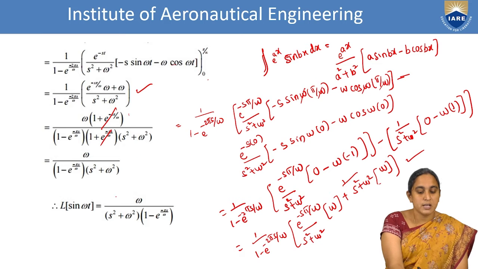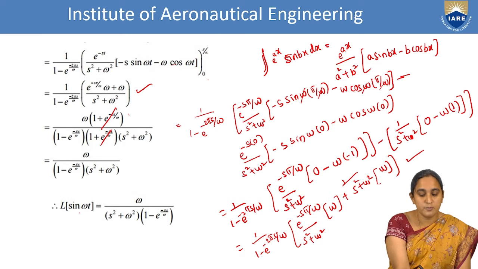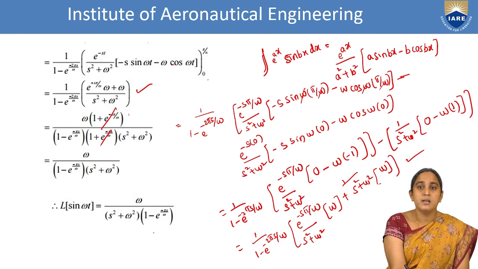Therefore, Laplace of sin wt is w by s square plus w square into 1 minus e power of minus pi s by w. This is the final answer for applying the periodic function formula in the Laplace transformation.